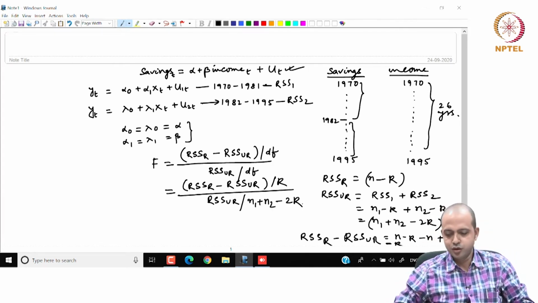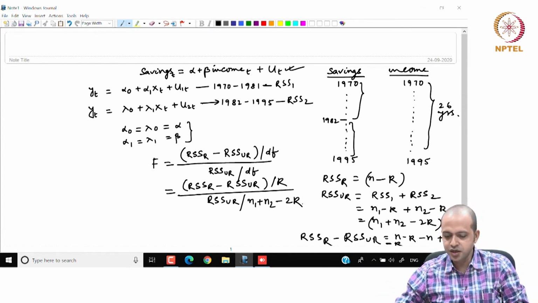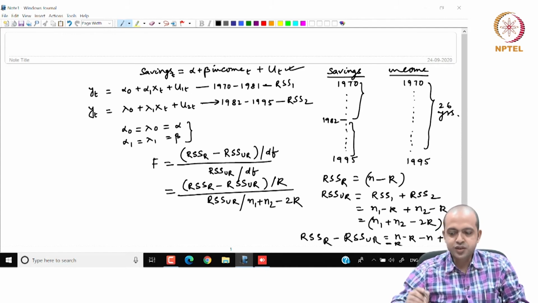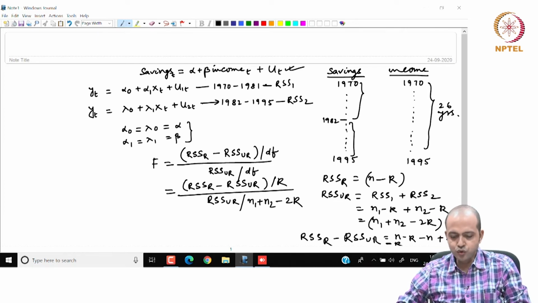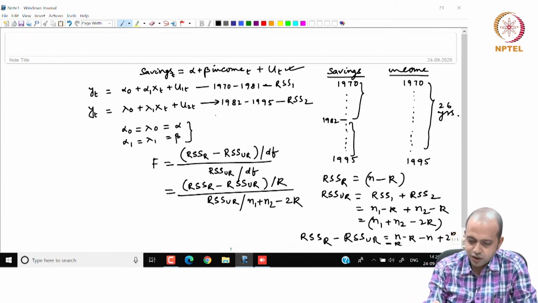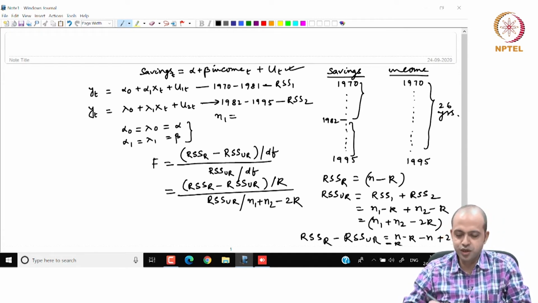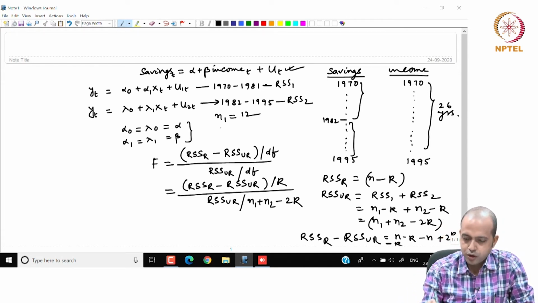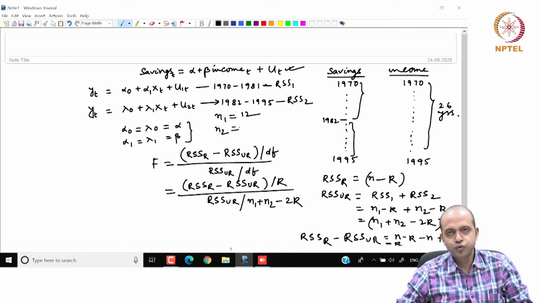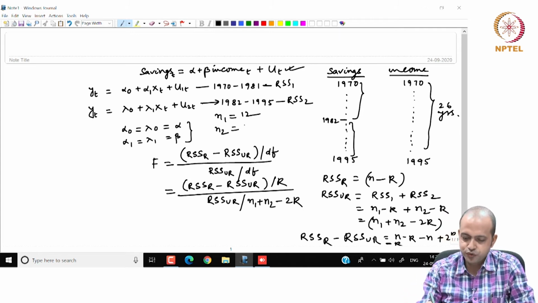This is the formula. In this particular case we have 26 years of data, so n 1 plus n 2 is 26. What is n 1? n 1 is 1970 to 1981, which is 12, and n 2 is 1982 to 1995, that means 14.